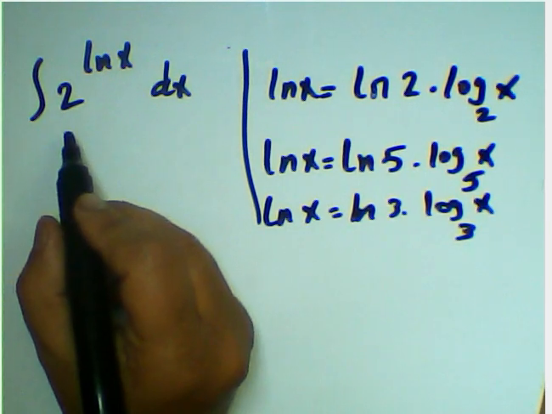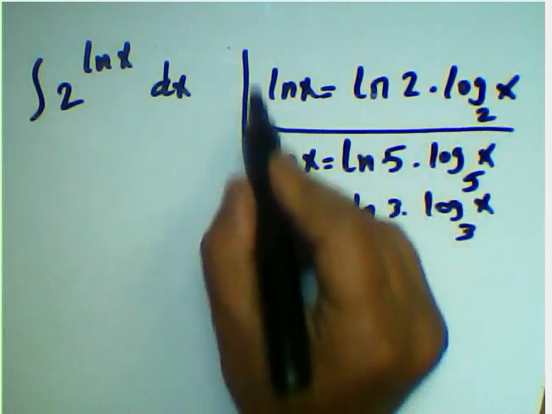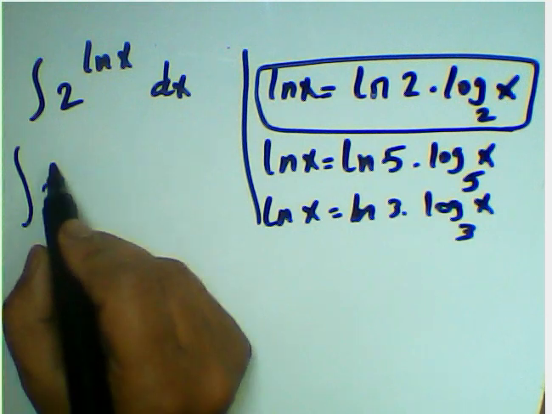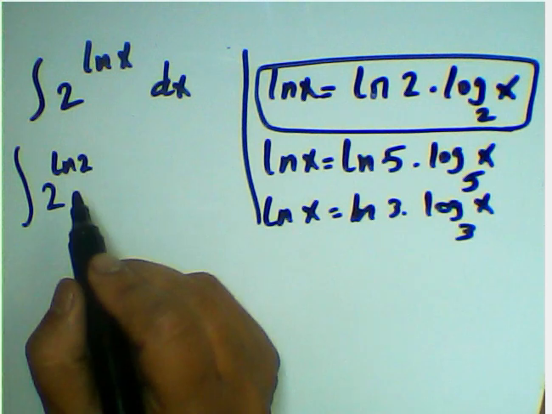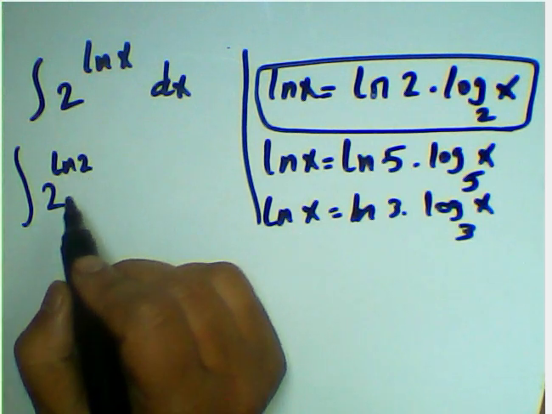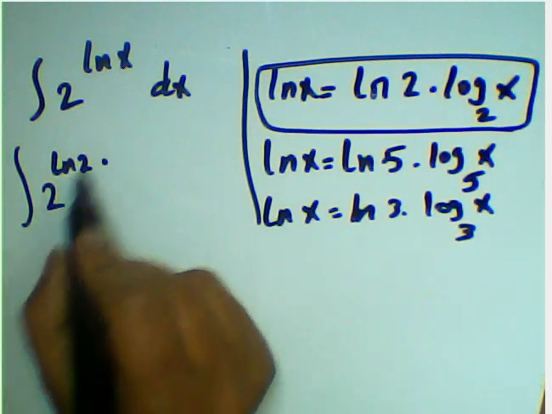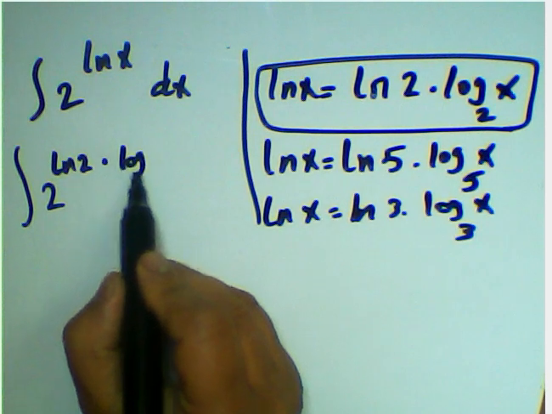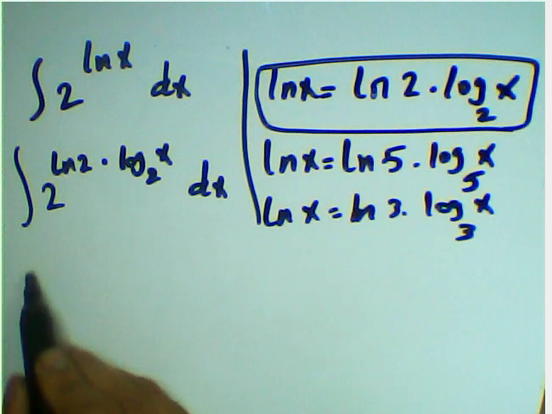So in this example, we can cancel ln x here and write this rule in the simplest form. Write 2 here, and we write ln 2 multiplied by log x to the base 2, all dx.